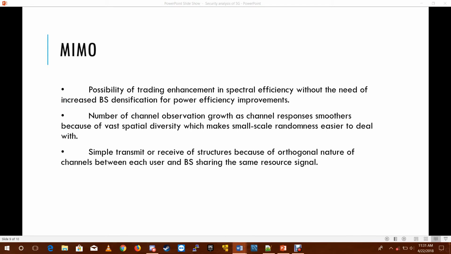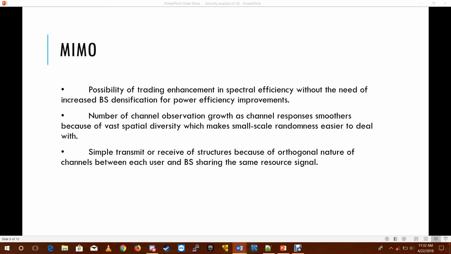MIMO, as I have already said, is the most improved part, or the most upcoming feature in 5G. Multiple input and multiple output, where a single user can get multiple inputs from multiple devices, and can also send multiple outputs at the same time.